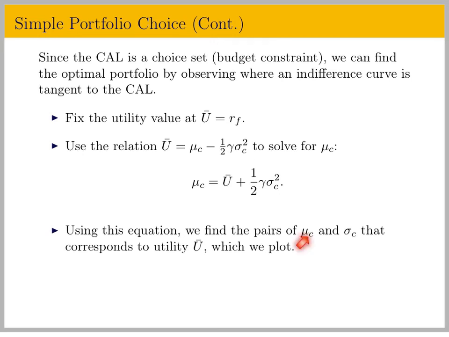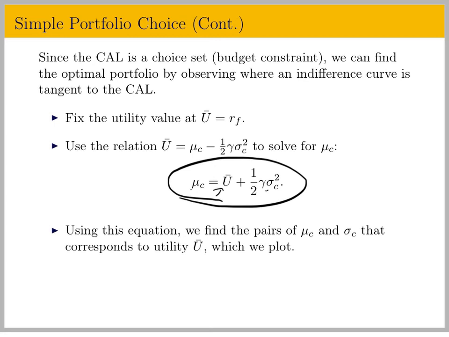So we use this equation to find pairs of mu sub C and sigma sub C that correspond to that utility level. If we simply use this equation right here, just pick 100 different values for sigma C and start with some value for u bar. Then for each value of sigma C you plug into this equation, you will get a mu sub C that corresponds to that utility u bar.